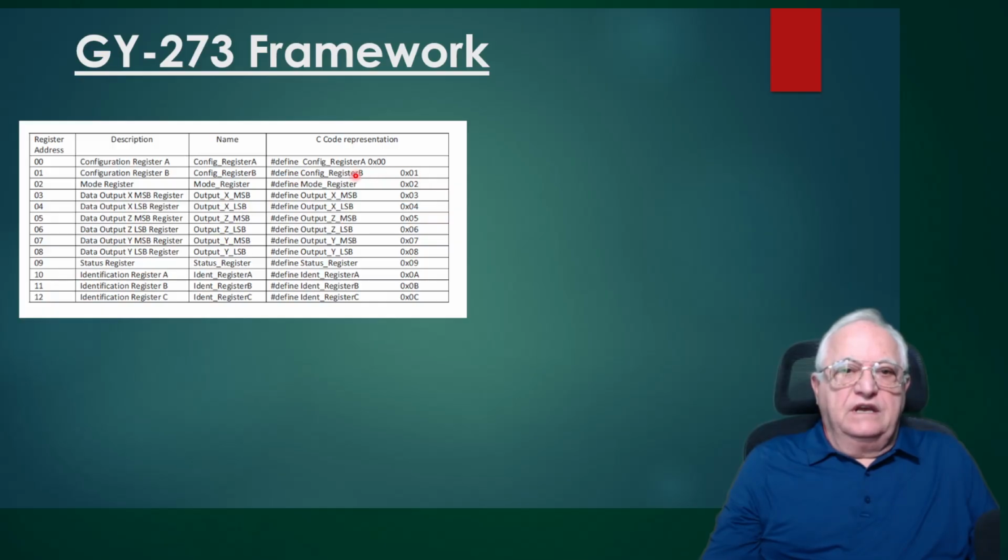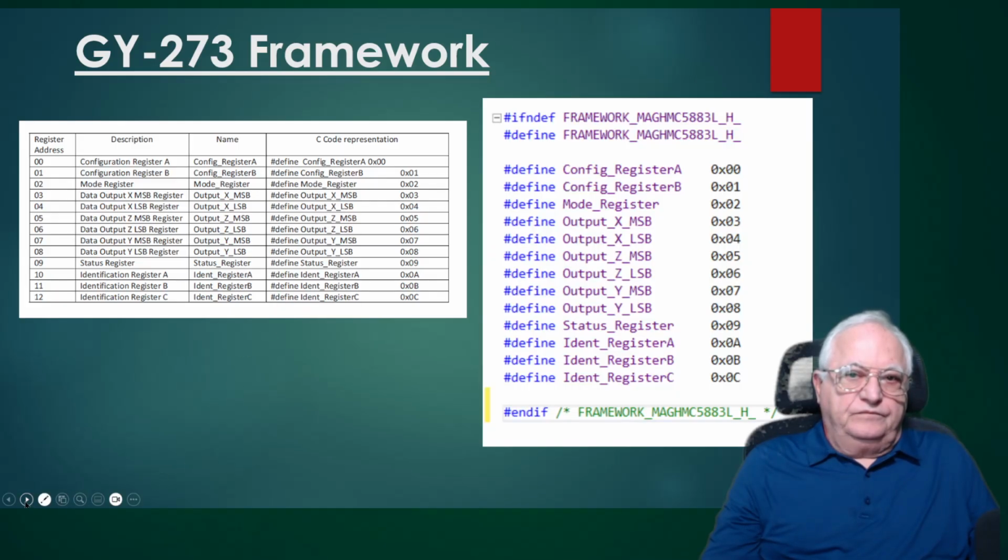So this is going to turn out to be our framework code. We have how to access configure register A, then configure register B, and then the mode register, which are the three that we're going to use for our initialization.